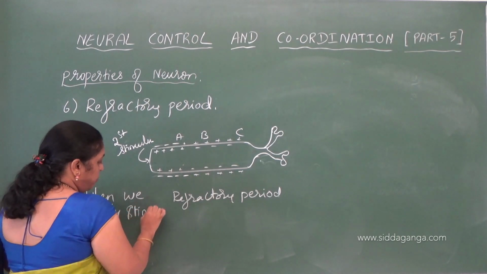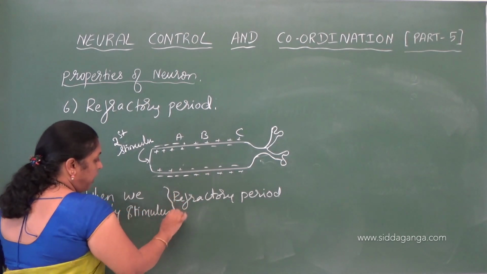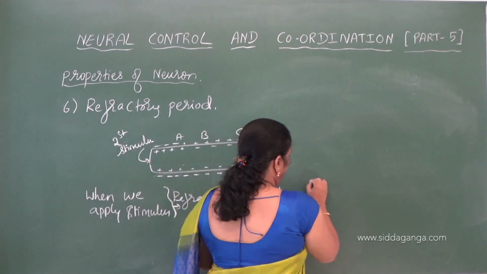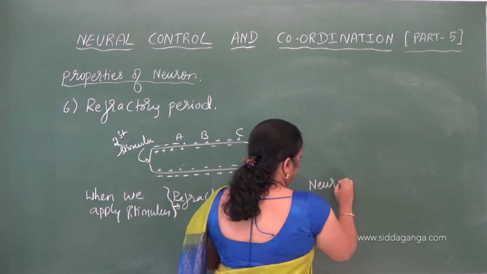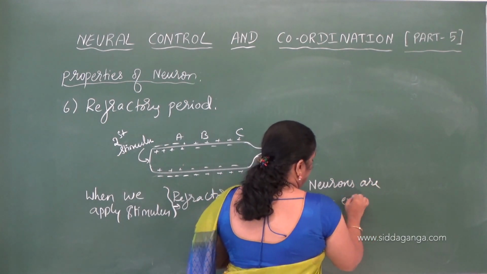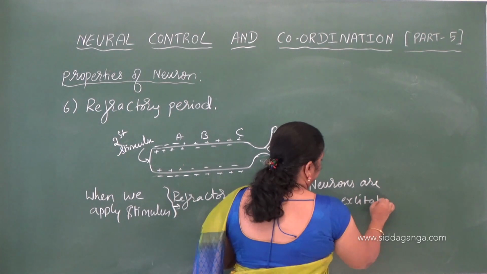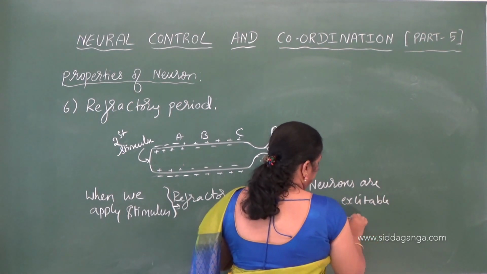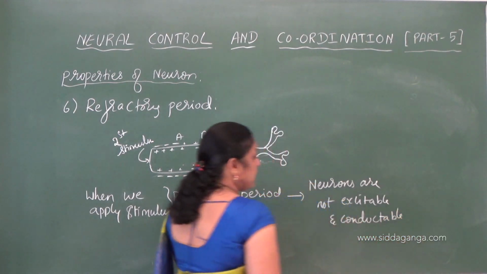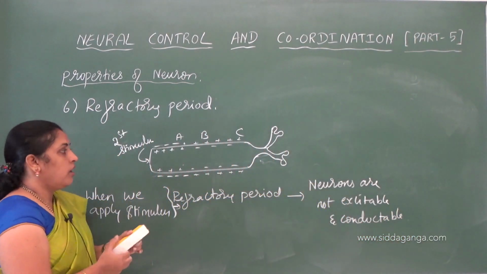When we apply a stimulus in the refractory period, nerves are not excitable or conductible.